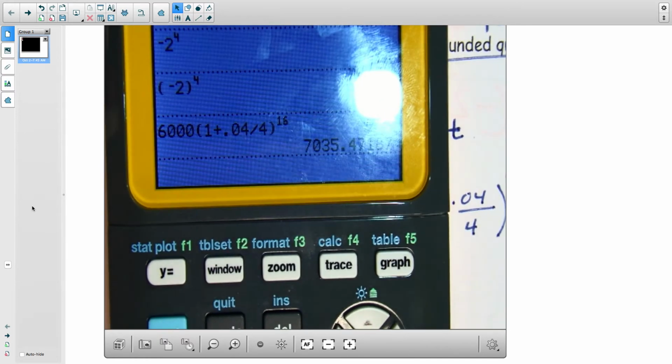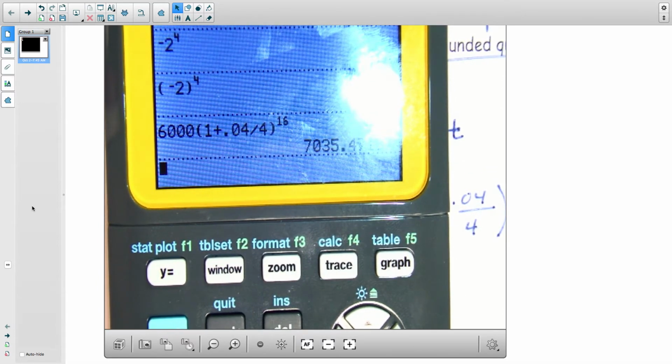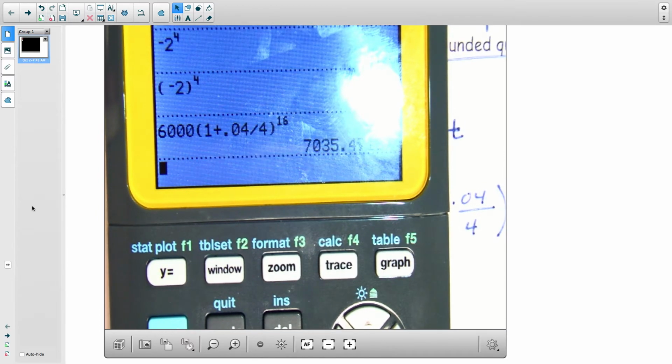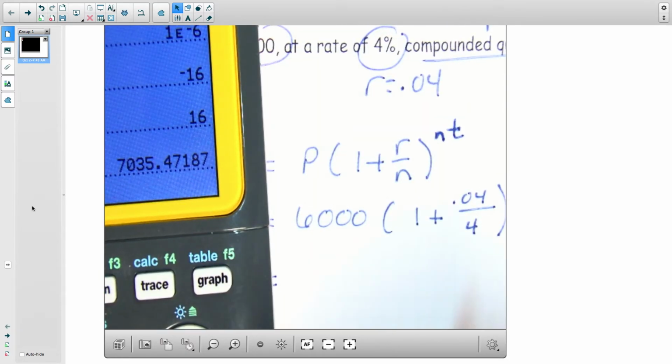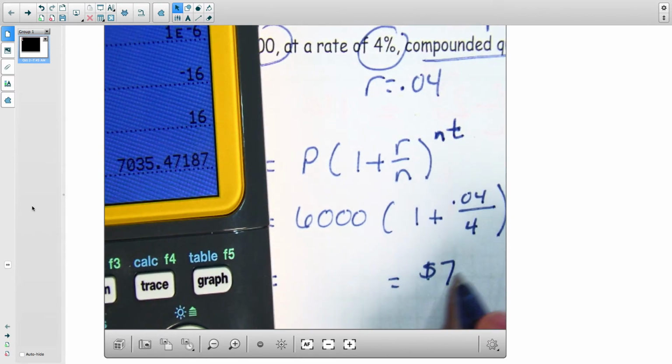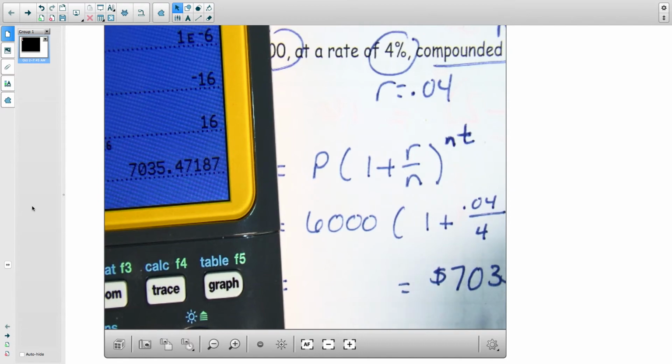There's how I put mine in. Yeah, that's what I got. I just typed it in as I had it written on my paper. The calculator follows that order of operations, and you should get $7,035.47.